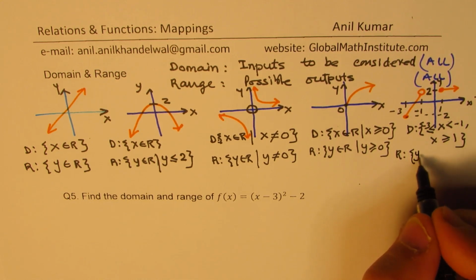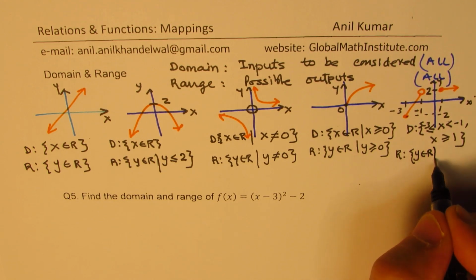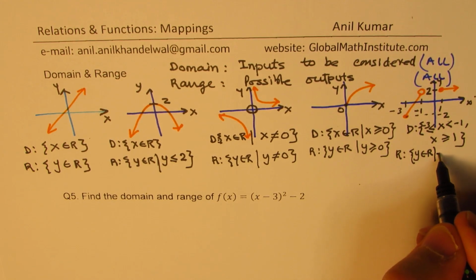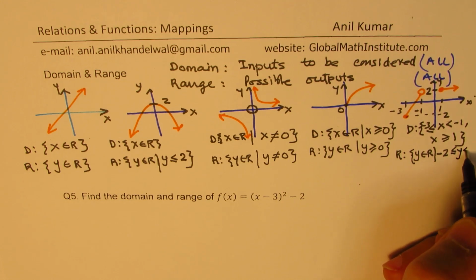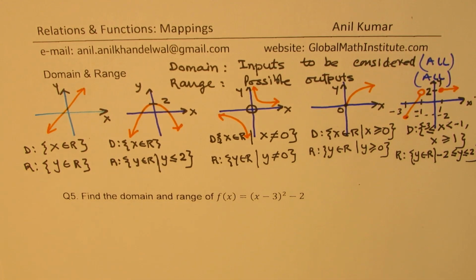So we can say y belongs to real numbers where the y value changes from minus 2, included, to 2, included. Do you see that? So that is how we could write the range for the given function when it is given in the form of a graph as shown here. So that gives you an idea about domain and range. We are actually going to explore all this in the next video.